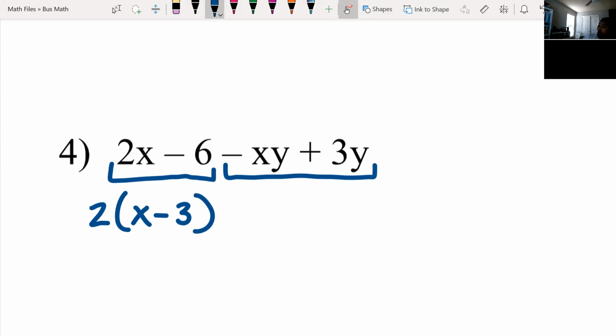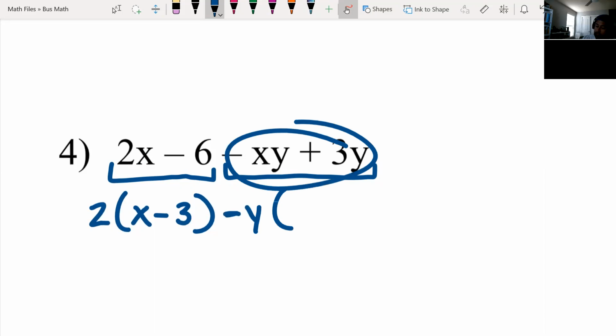And then negative xy and positive 3y, what's our greatest common factor there? Y. But we're going to have to make it what again? Negative y. And if I take negative y from those terms, what am I left with?